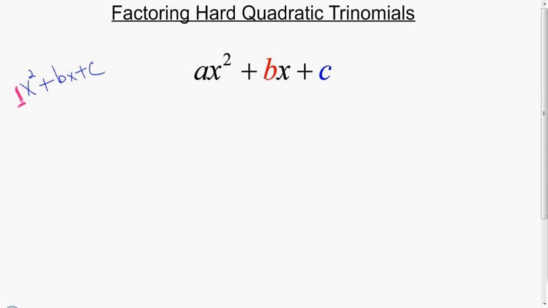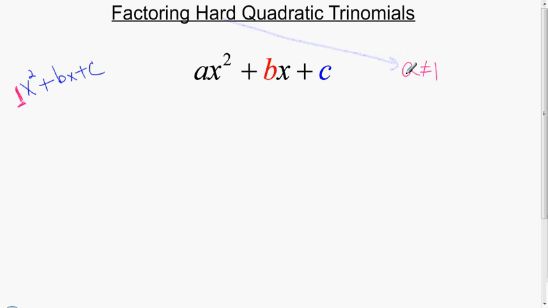Well, you probably guessed then that what's going to make the problems harder is when the a is not 1. So they're still going to be of the form ax squared plus bx plus c, but there's going to be a multiplier or coefficient for the x squared term that's not equal to 1. And this is, in fact, what makes them harder.